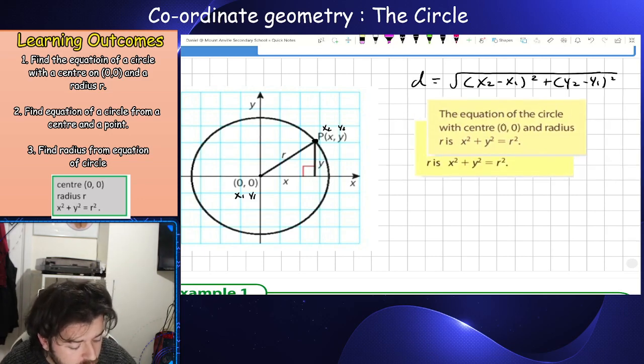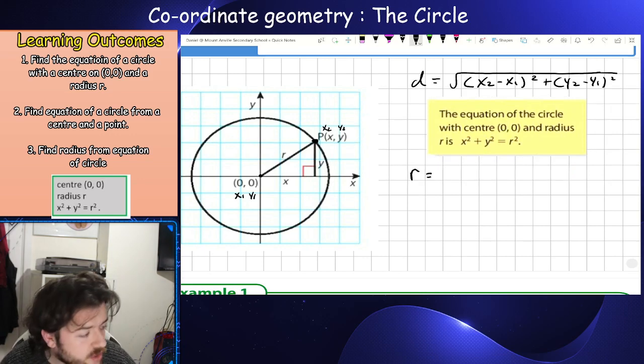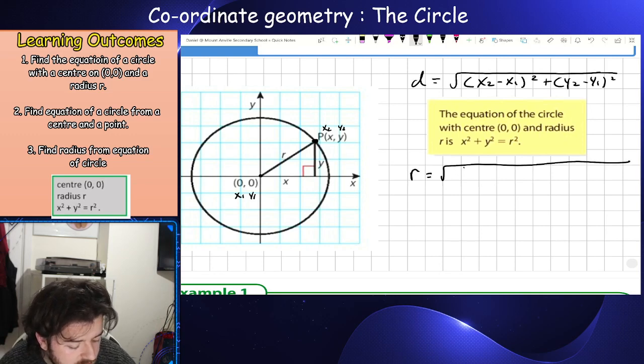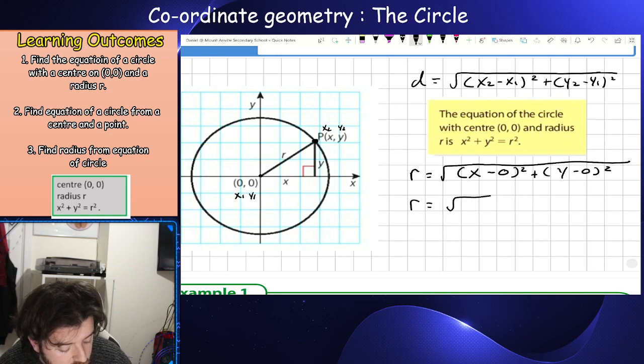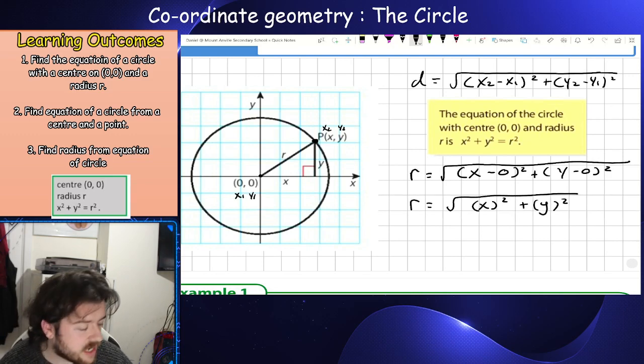So let's fill in our formula. So d, our distance, is going to be equal to r, the radius. Square root of x2 minus x1. Well, x2 is just x, minus x1, which is 0, all squared. Plus y2 minus y1, so it would be y minus 0, all squared. Simplify our right-hand side here: x minus 0 is just x, so I have r is equal to the square root of x squared plus y squared.